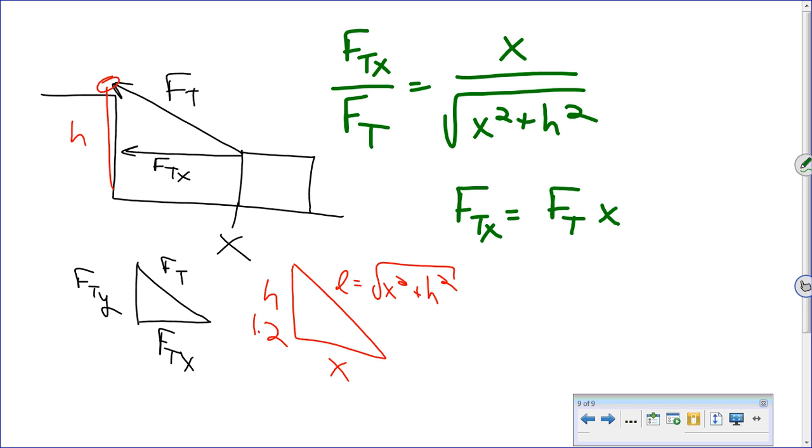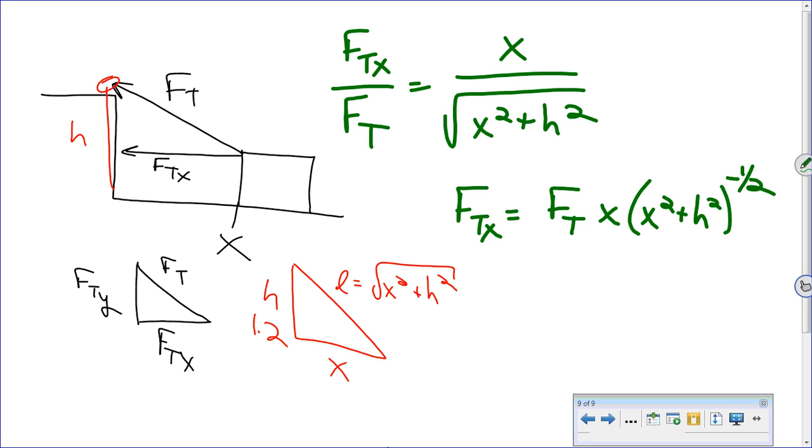And instead of writing divided by the square root, I'm going to write this as times x squared plus h squared to the negative 1/2 power. Follow? And keep in mind, we know everything on this side except for the x, right? Because that's what's changing as the box slides, right?